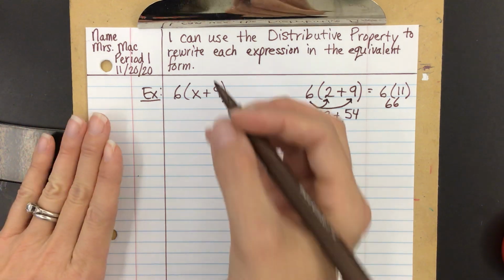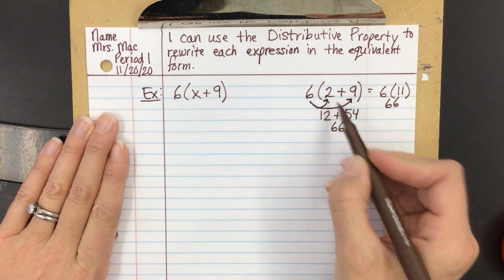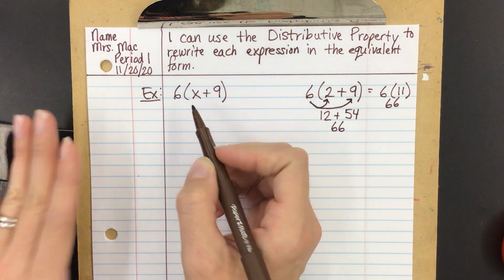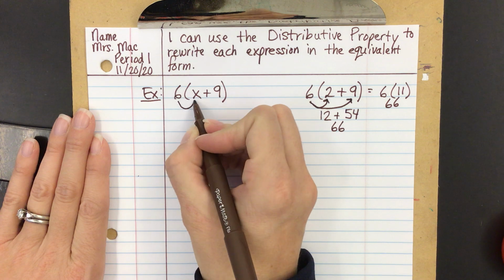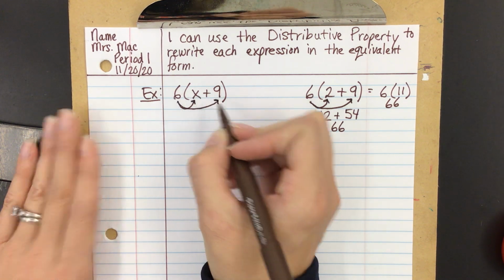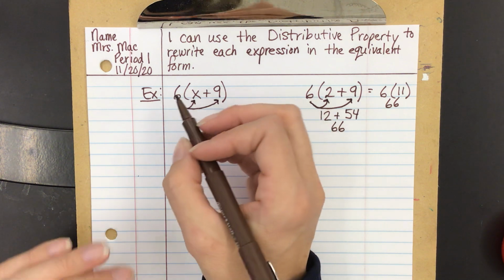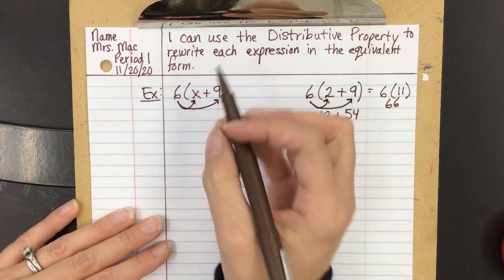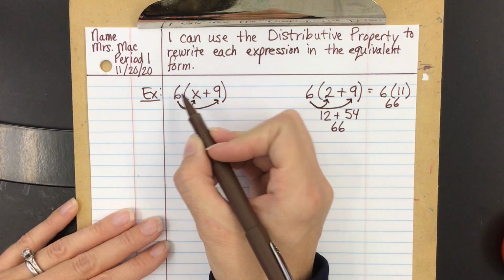So what we're going to do is just like we did here. We're going to pretend like this variable is just a number. Because when you distribute, you're going to multiply each term inside the parentheses times this coefficient out here. So 6 times x.